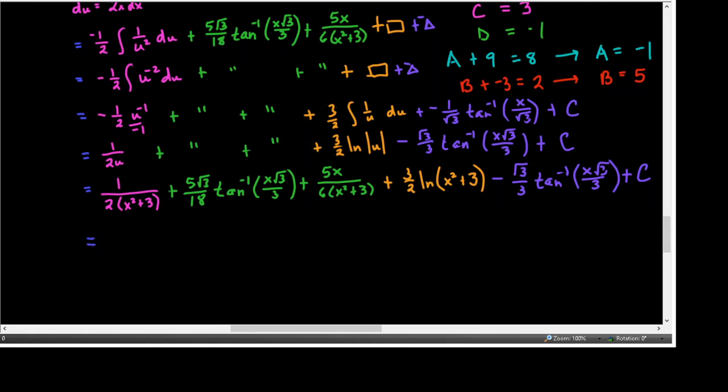I see that this fraction and this fraction almost have the same denominator. This first fraction needs to be multiplied by 3 over 3 so that they have the same denominator. And combining those, we'll get 3 plus 5x over our common denominator of 6 times x squared plus 3.